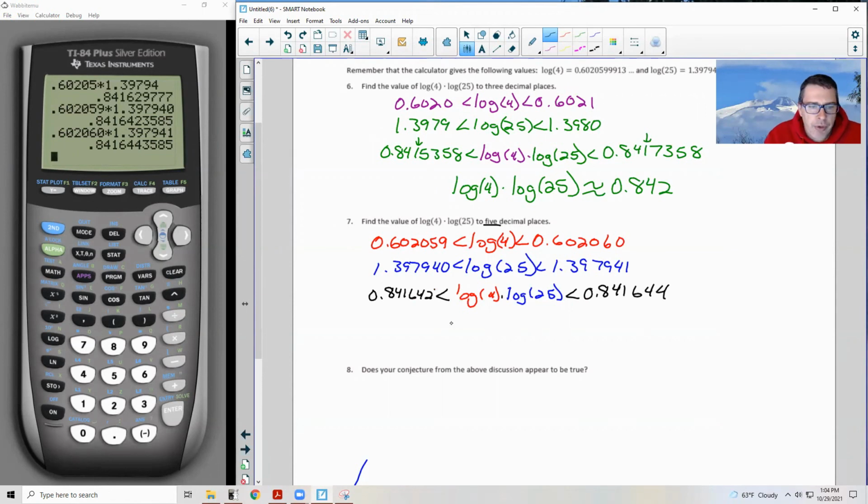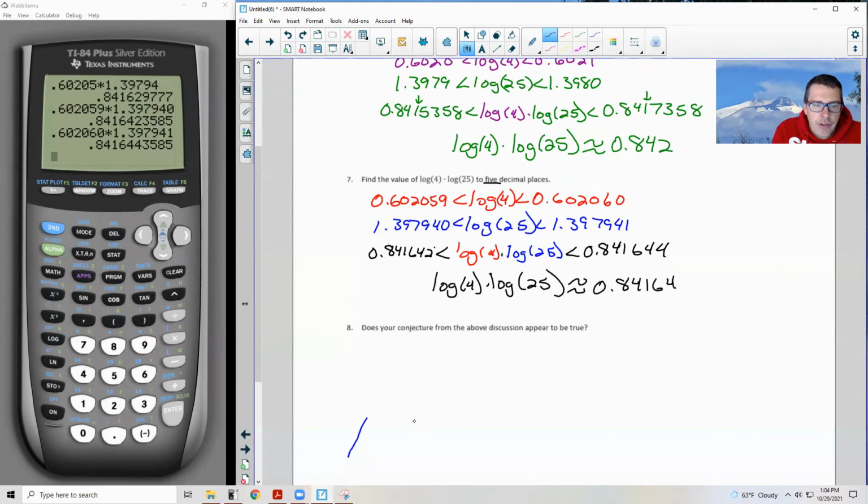Okay, so now I can conclude that the log of 4 times the log of 25 is, oops, I was going to say equals, is approximately 0.84164. Okay, rounding to 5 decimal places.